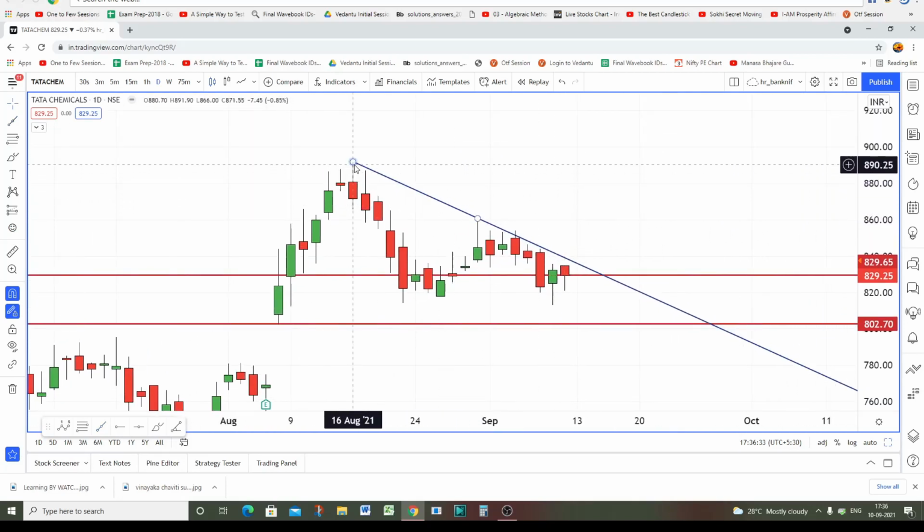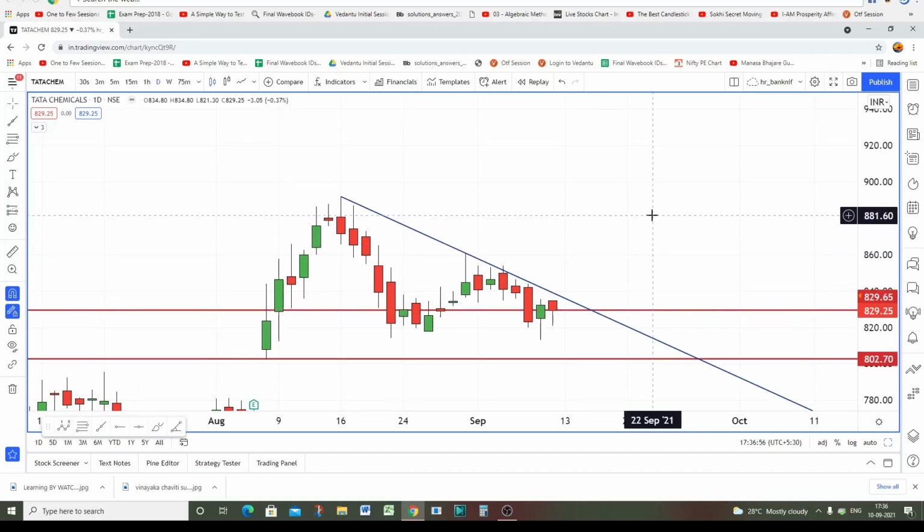If the stock moves above this trend line at around 839 or 840 levels, and continues to stay above it, then the stock can make an upward rally as per my view, and it may come back to around 882 levels.